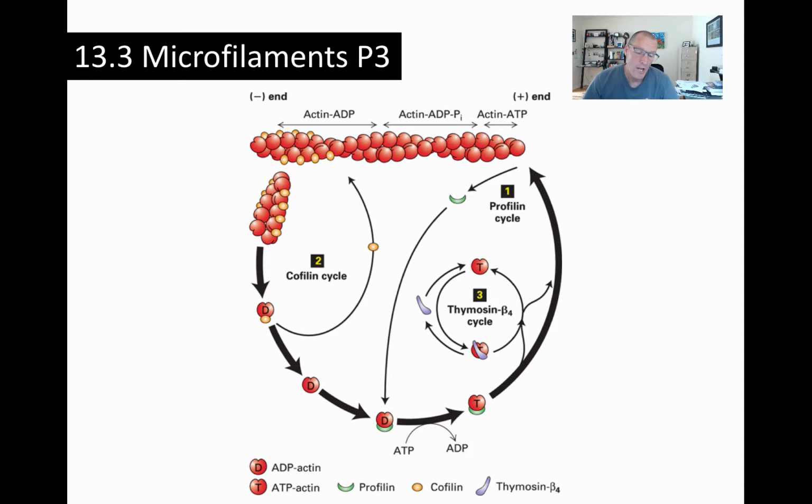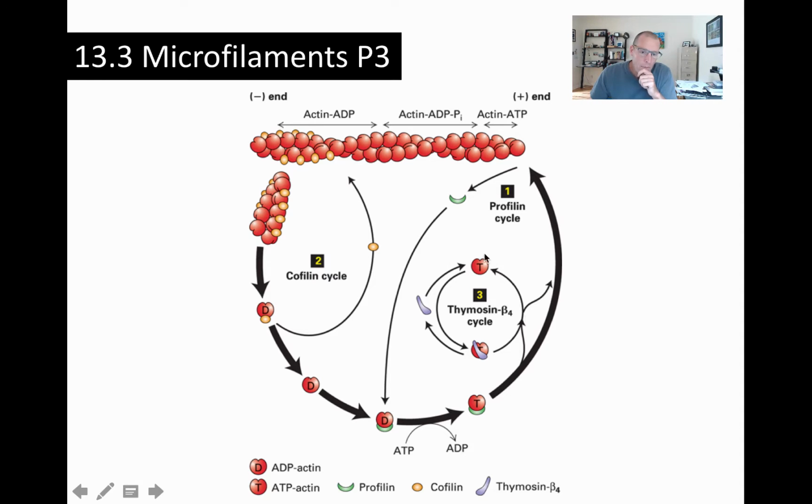A lot of the G-actin in the cell, however, is not free and therefore not available to be polymerized, because it's bound by a protein called thymosin beta 4. And when actin is bound by thymosin beta 4, that means it's unable to be bound into the microfilament.